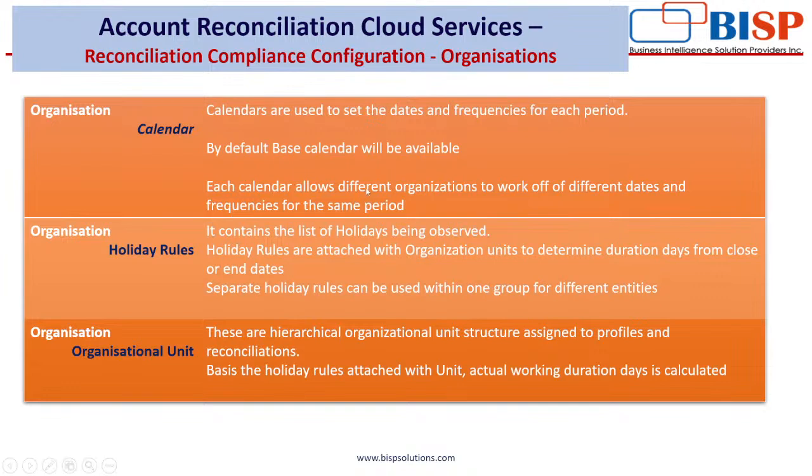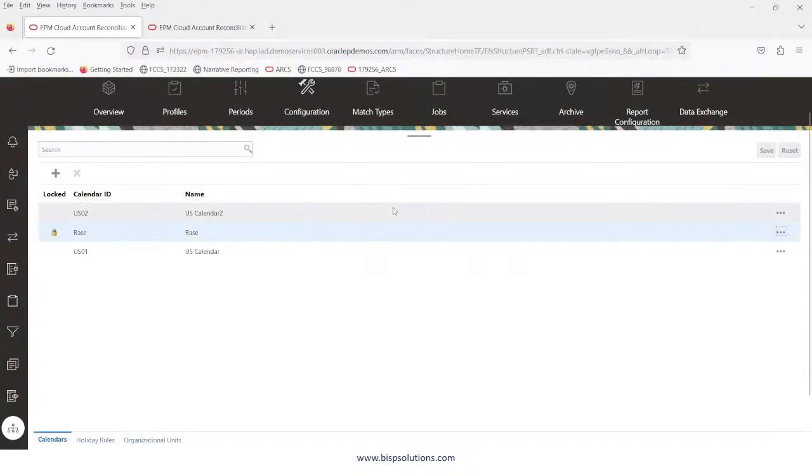Basically each calendar allows a different organization to work off different dates and frequency for the same period. It will be more understandable if we go and see this practically.